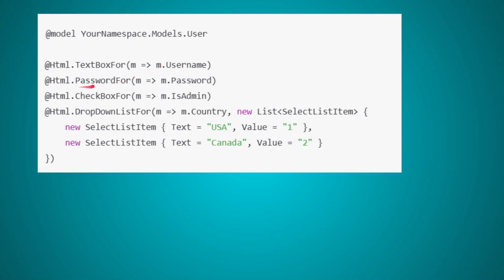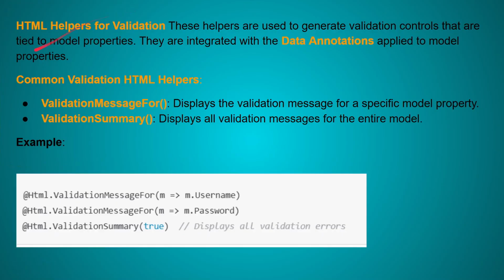See, @Html.PasswordFor, we are going to receive m.Password. @Html.CheckBoxFor IsAdmin. In DropDownList, this we are giving as hard coding. This is also coming from user, m.CountryList, or SelectListItem, which is a SelectListItem text USA, text Canada. Two select options we are giving.